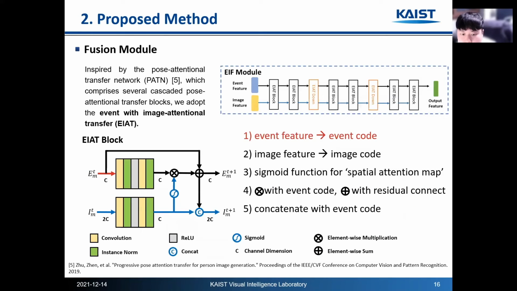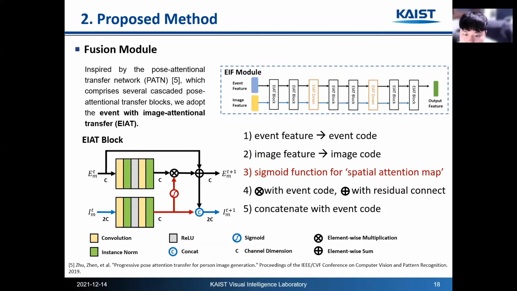The EIA up is composed of 2 branches, event and image path. First, the event features are converted into event codes through convolution, instance norm, and ReLU activation layers. Similarly, image features are converted into image codes through layers of the same structure to deliver semantic information to events.